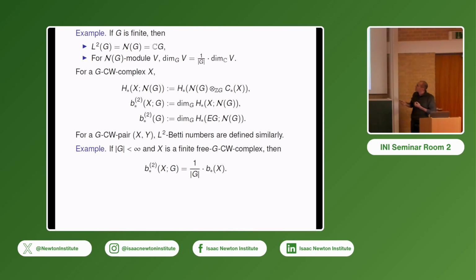Well, just look at this case where I mentioned that when the group is finite, the von Neumann dimension is the same as the ordinary dimension divided by the order. Now here the von Neumann algebra NG becomes just the complex group ring, and if you do these replacements here, you just get exactly this formula. It just follows immediately, right?